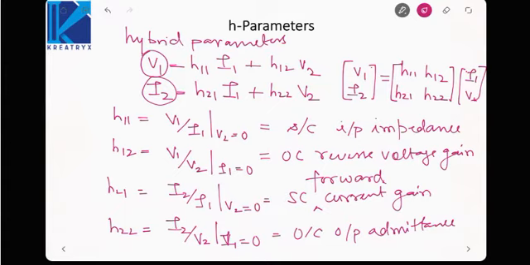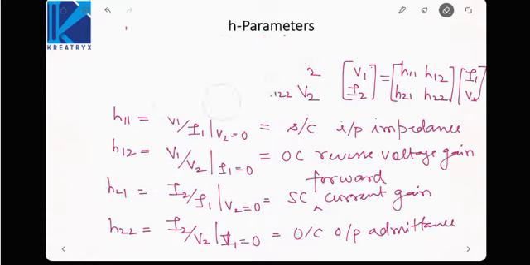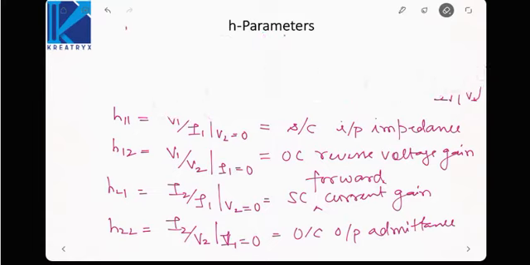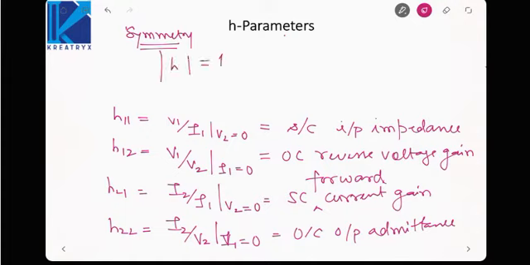Now, the conditions for symmetry and reciprocity for these parameters. For symmetry, what will be the condition? The condition will be mod of h parameter must be equal to 1.